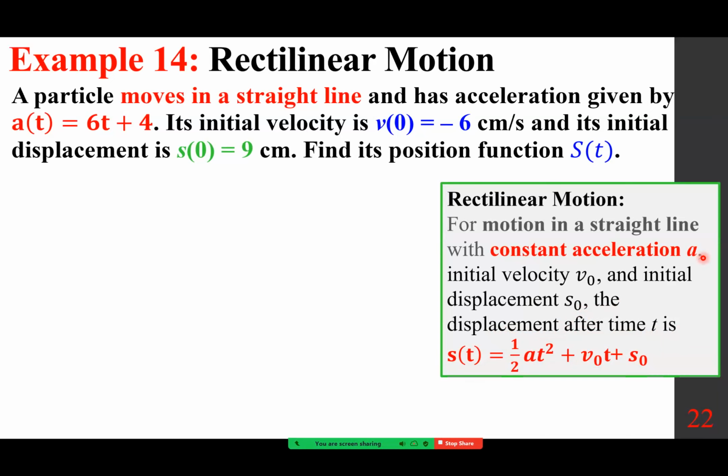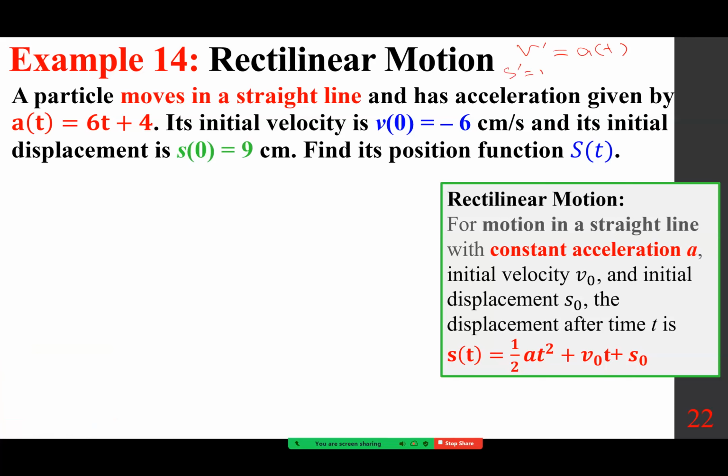For now, we know, therefore, that v prime is a of t. Let me just write this. V prime is a of t.